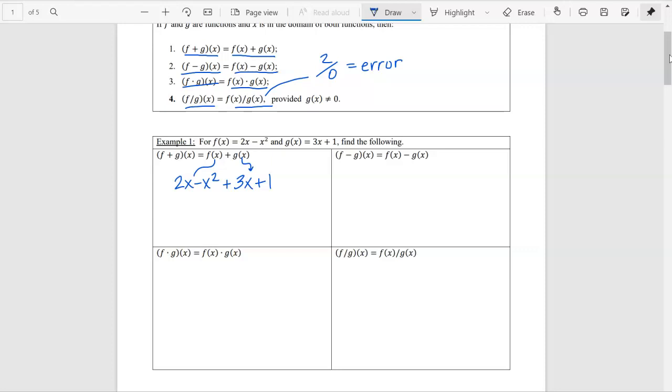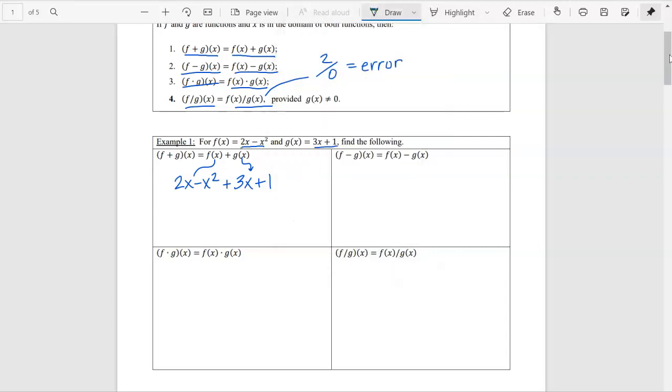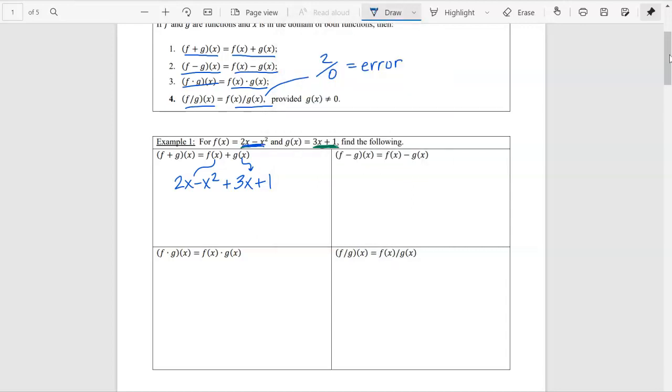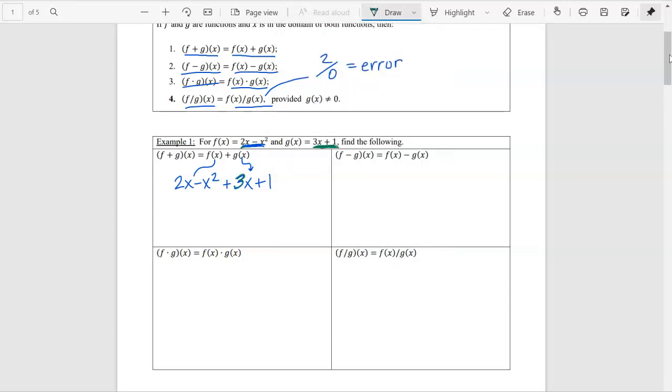Okay, so we're adding our f of x to our g of x. In fact, let's just go ahead and make g of x green, and let's leave our f of x blue. So you can clearly see that we've got 2x minus x squared plus 3x plus 1.